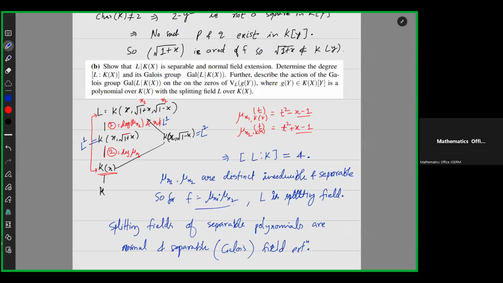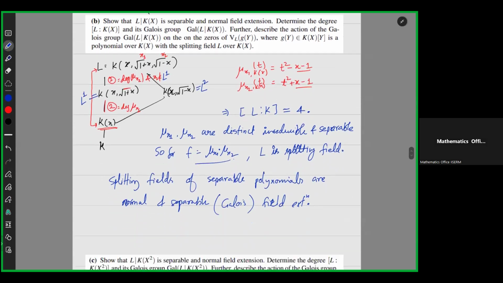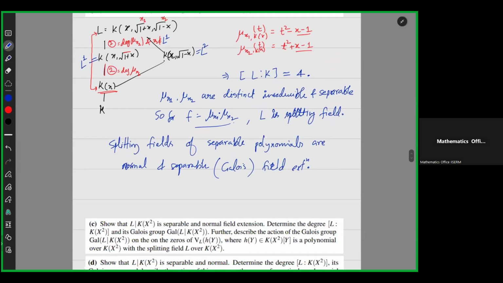What is its Galois group, L over Kx? So the Galois group corresponds to these two things. It will permute the roots of mu x1.